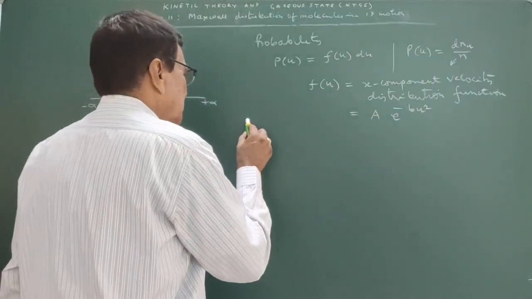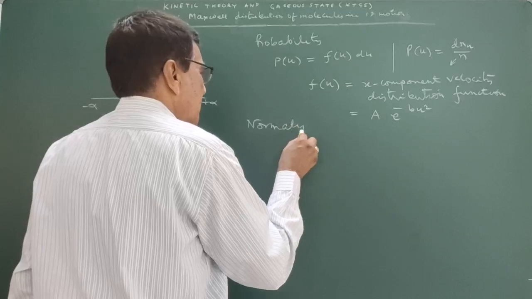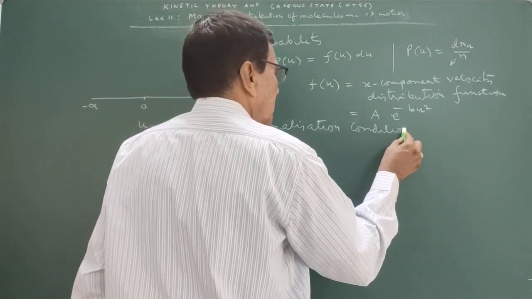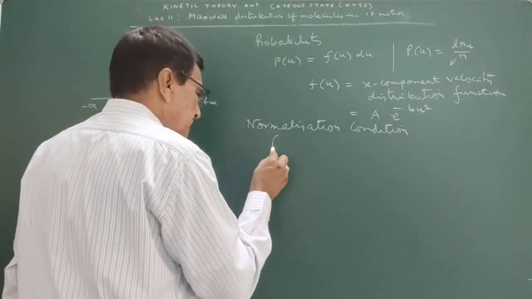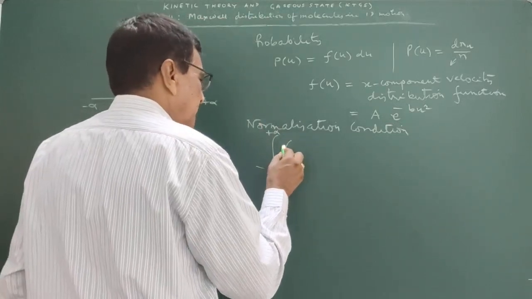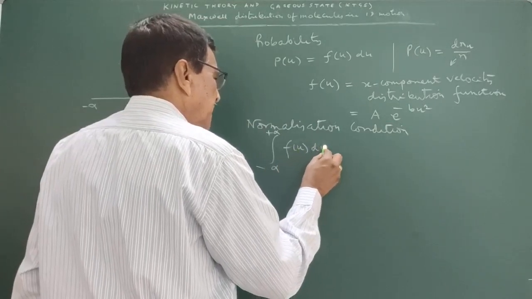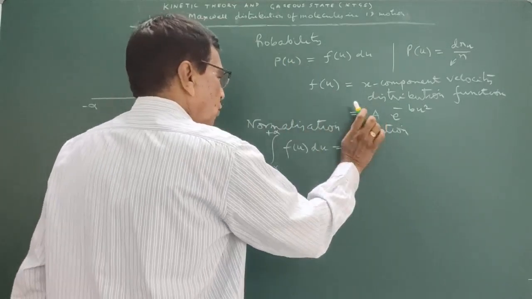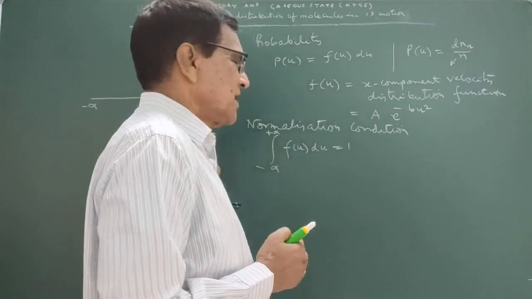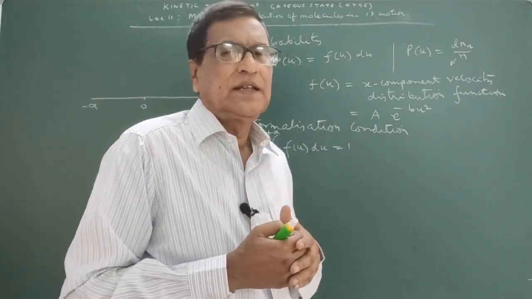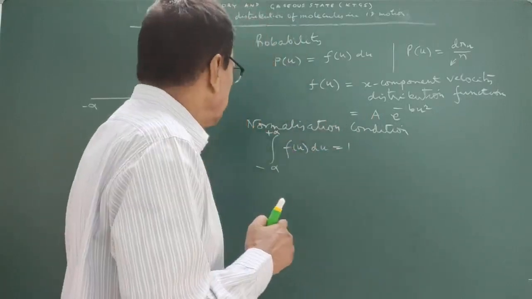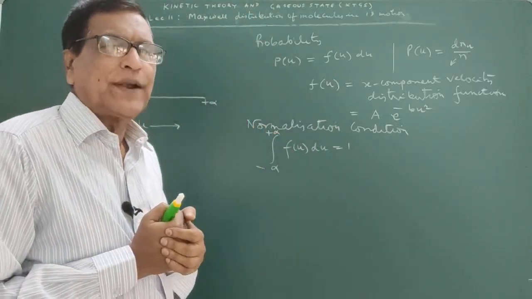This normalization condition is that the integral from minus infinity to plus infinity of F(u) du must be equal to 1, meaning all the molecules have velocity between minus infinity and plus infinity, the fraction will be equal to 1, or the probability of a molecule to move between minus infinity and plus infinity must be equal to 1.